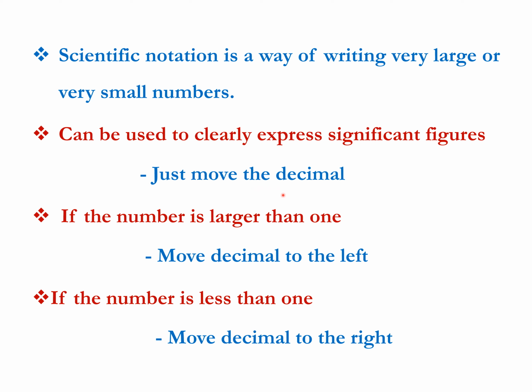If the number is larger than 1, you move the decimal to the left. And if the number is less than 1, for instance, if the number starts from 0.000, you move the decimal to the right.